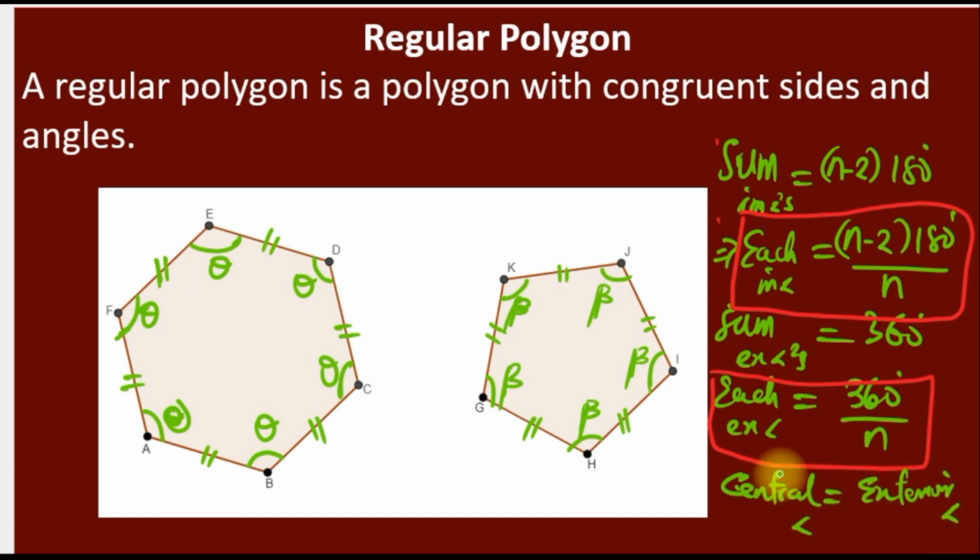So for any regular polygon, the central angle will be the same as the exterior angle. So those are the three formulas. Each interior angle is n minus 2 times 180 over n, and each exterior angle is 360 over n. Finally, the central angle equals the exterior angle.